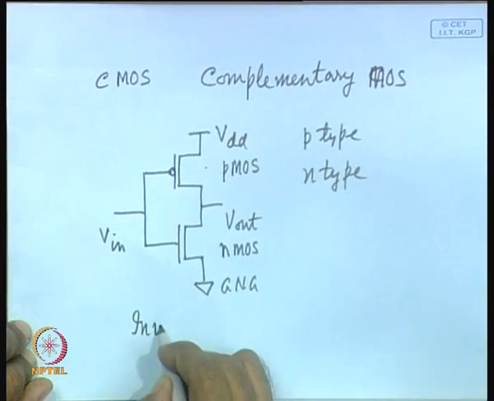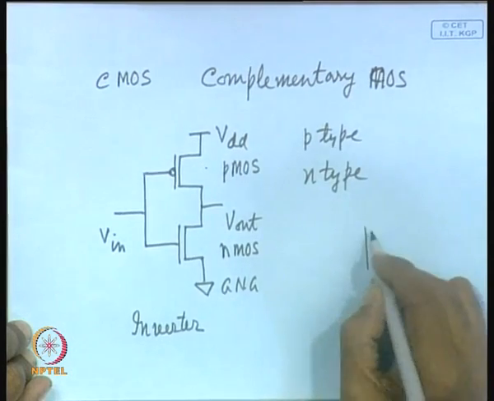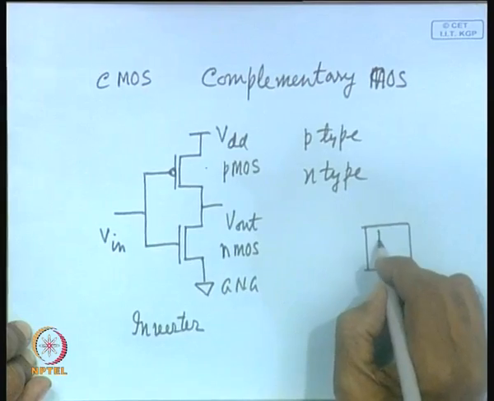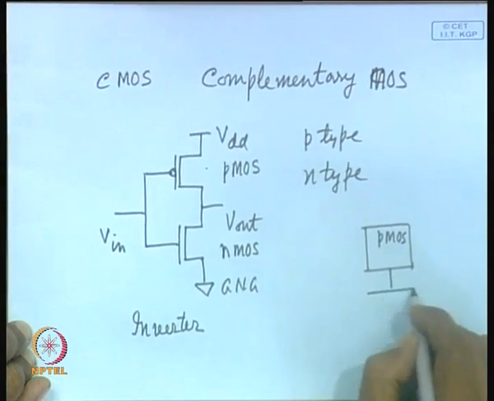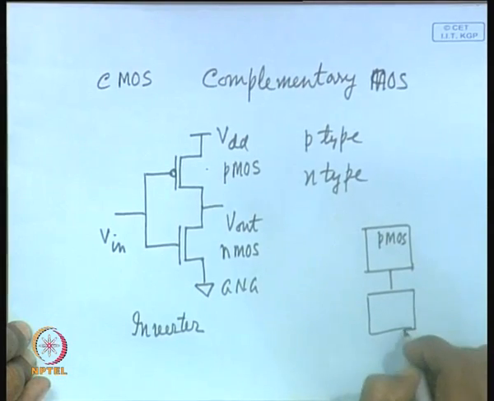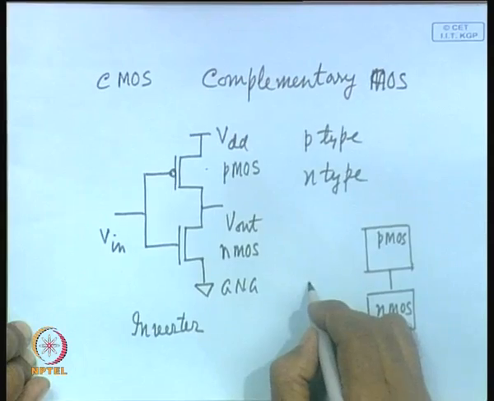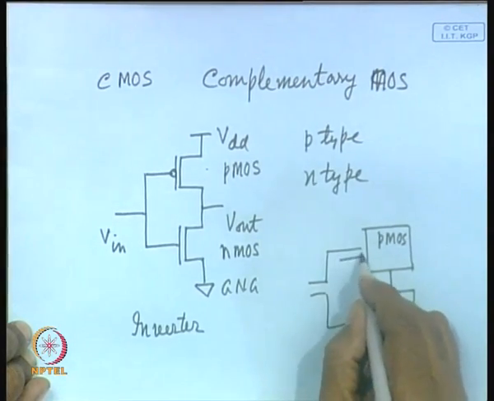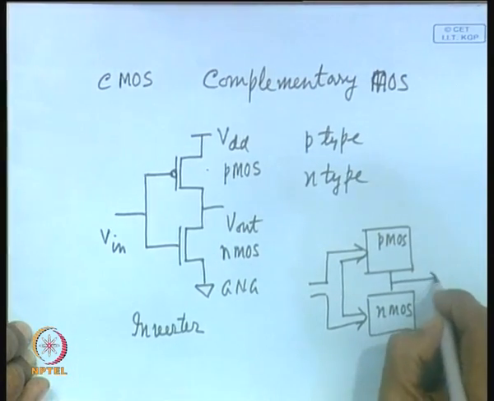You can create very complex circuits, and in that case the generalized structure will be like this. You will have a PMOS network, and you will have another network, NMOS network, and you will apply inputs to both PMOS and NMOS network, and you will take the output from here.